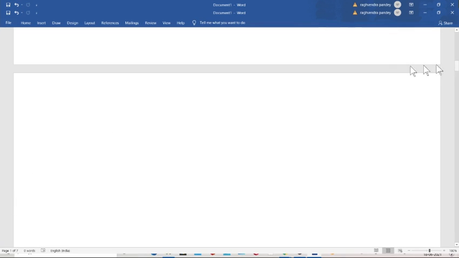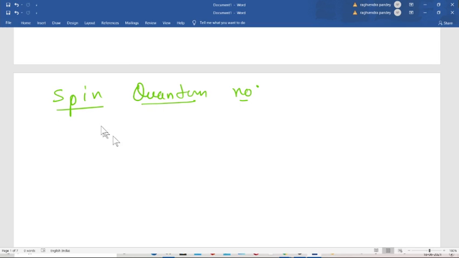Now let's go to our last quantum number, that is our spin quantum number. Now in spin quantum number, it is not related to the Schrodinger equation.